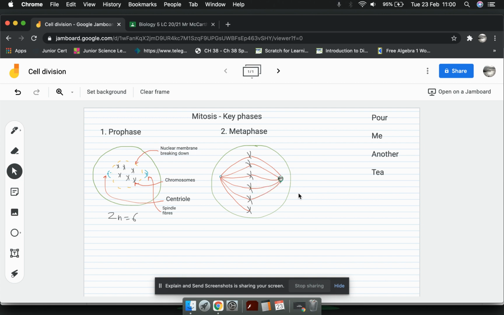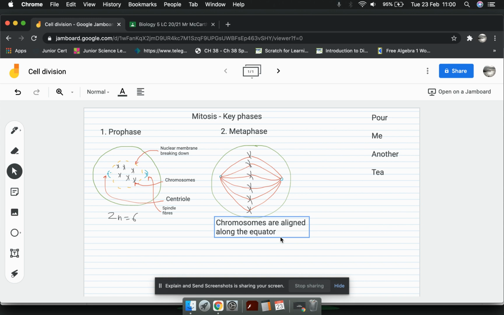So I've now drawn in the metaphase, but I haven't fully labeled it. Because it takes a little bit longer, I'm not going to label everything, but I'll put a description underneath for what's really happening. We can say that chromosomes are aligned along the equator. This term equator describes the center of the cell, the center of the nucleus.